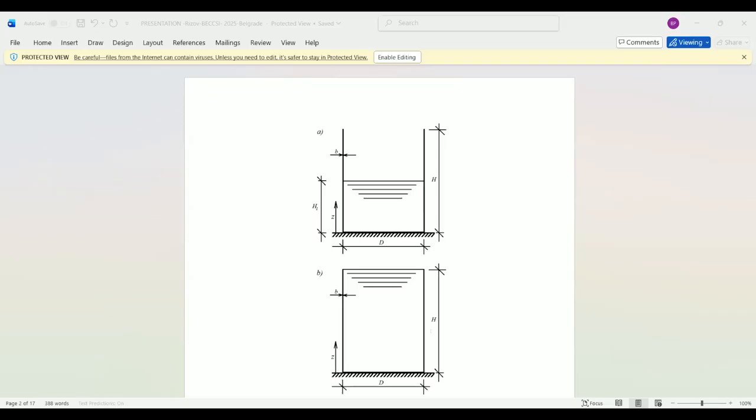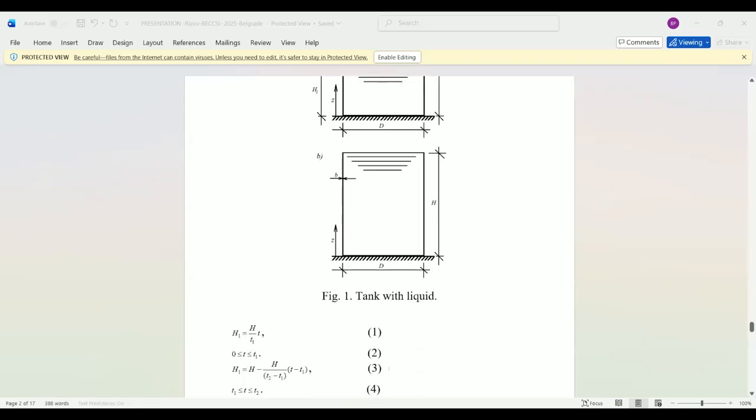First, the tank is slowly filled. This is shown in figure 1a. The liquid level H1 in the tank rises as given in equation number 1. In this equation, t is time.